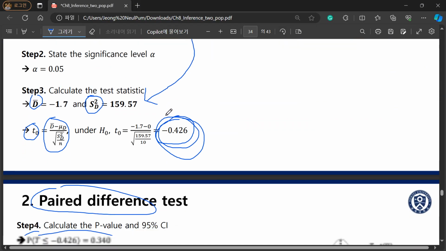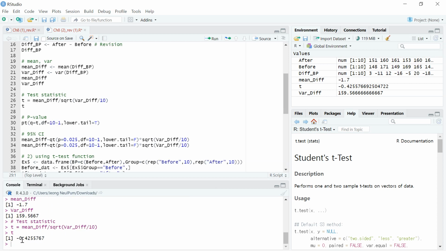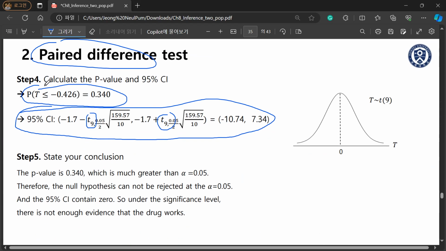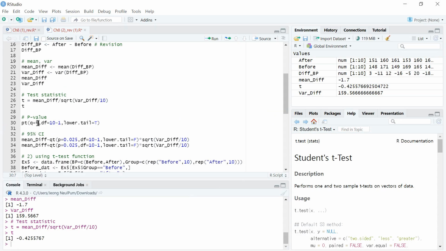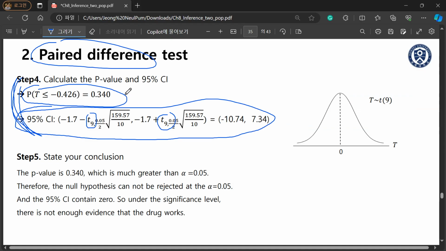After getting the mean and variance of the difference data, you can see that the t statistic has this value, minus 0.426, like this one. And then by using the pt function and the confidence interval, you can see that the p-value is about 0.34 here.